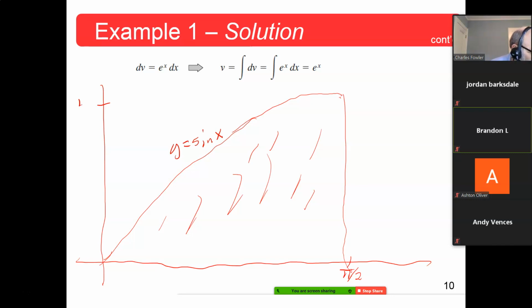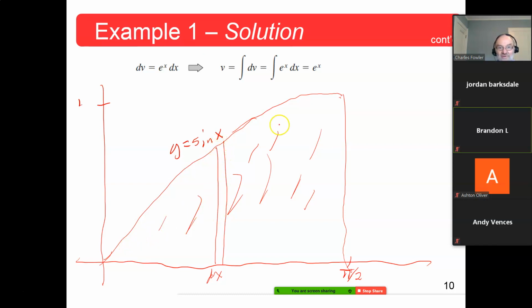Okay, now the first thing they're going to do is find the area of this region. Okay, and that's merely going to be, do your dx's here. dx is going to be going from 0 to pi halves, and you're going to sum all these up. The height of that rectangle there is sine x.